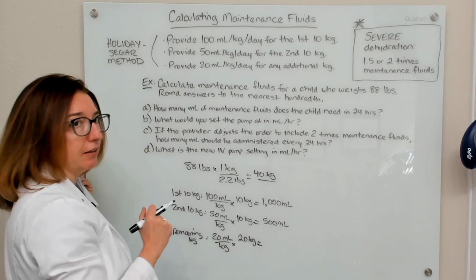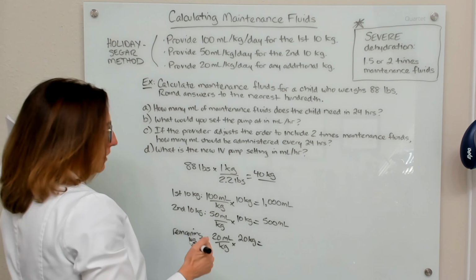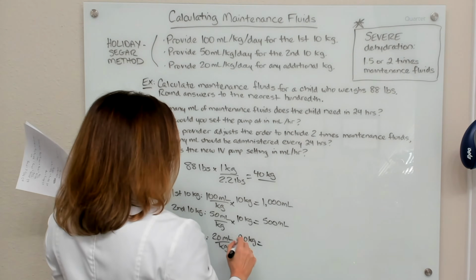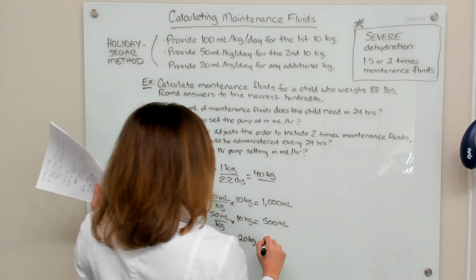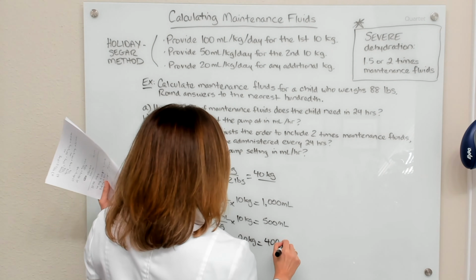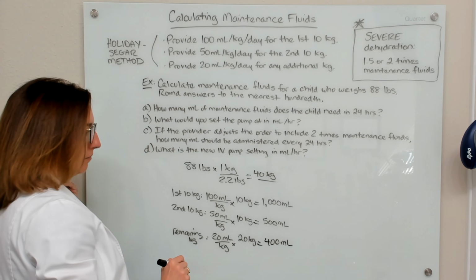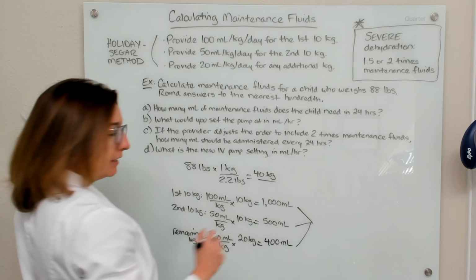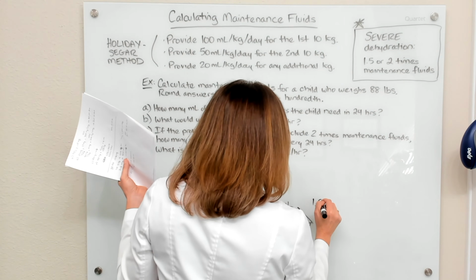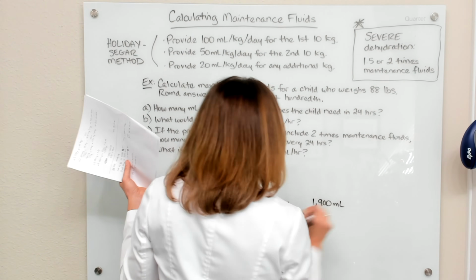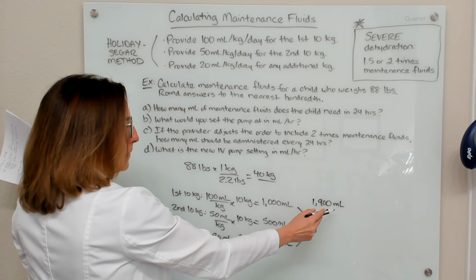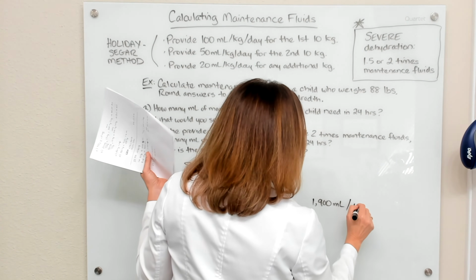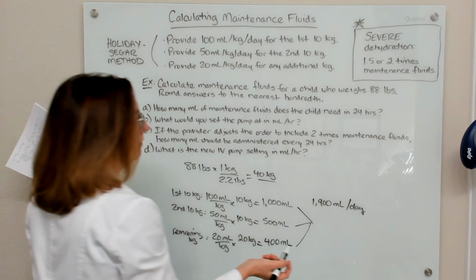We would have 30 kilograms remaining. But our patient weighs 40, so we have 20 kilograms remaining. And if we calculate this out, we end up with 400 mL. So then we just take these three amounts, add them together, and that means our patient needs to get 1,900 milliliters per day, per 24-hour period.